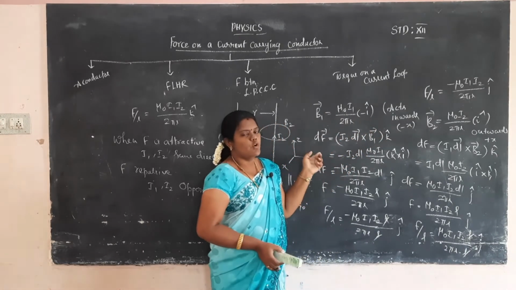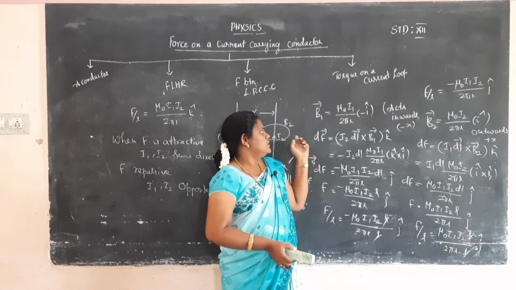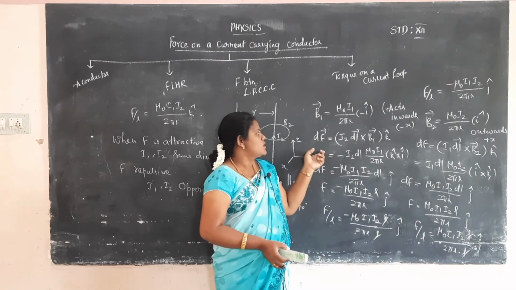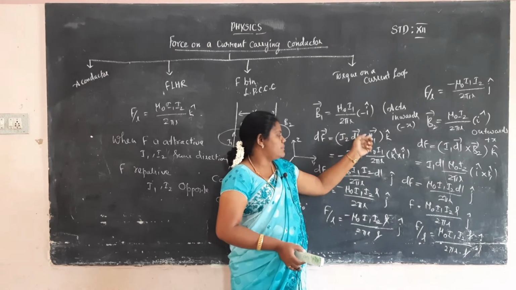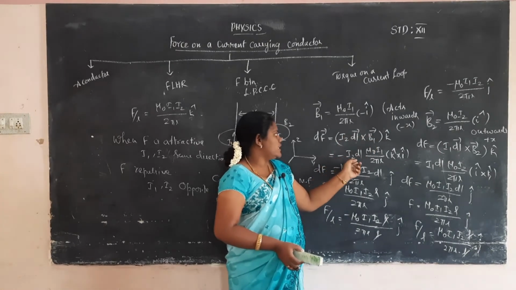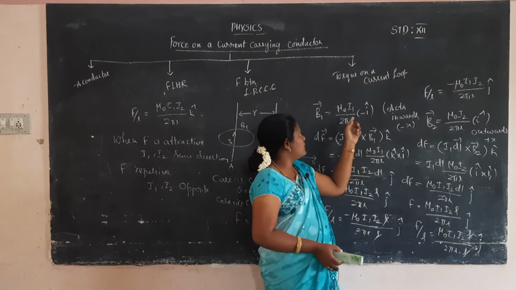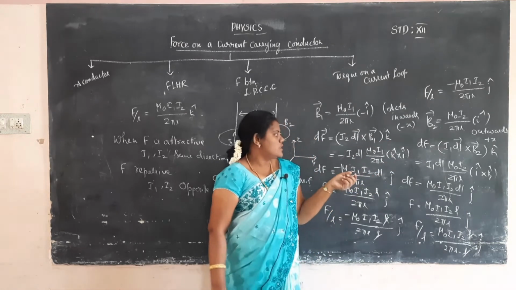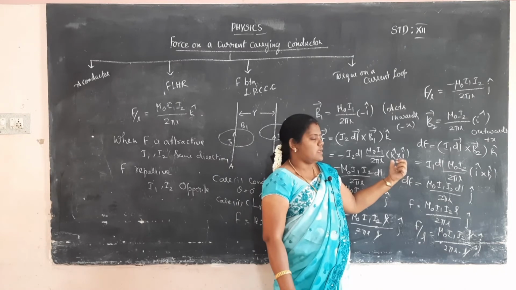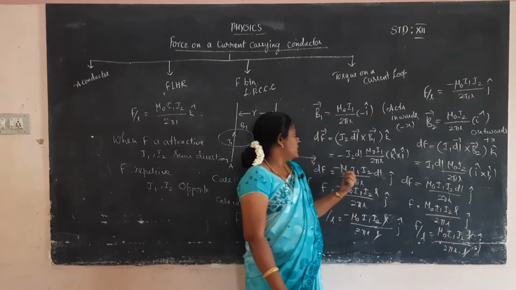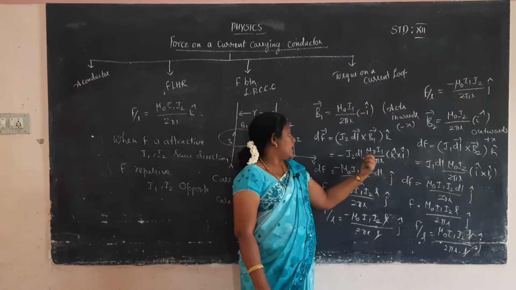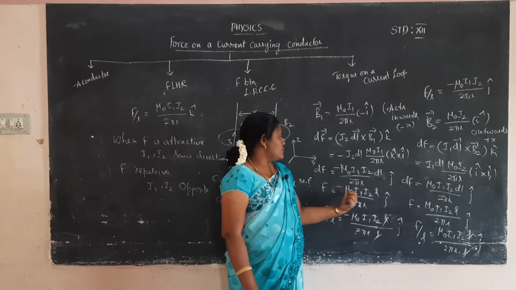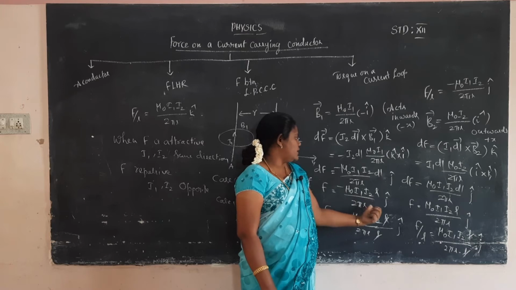The force on the second conductor due to B1 is I2 dl vector cross B1 vector. So I2 dl and mu naught I1 by 2 pi r into k cap cross I cap. The k cap cross I cap is j cap. So minus mu naught I1 I2 dl by 2 pi r into j cap.